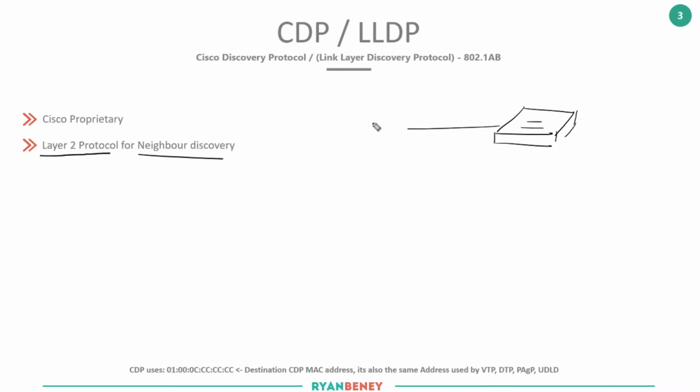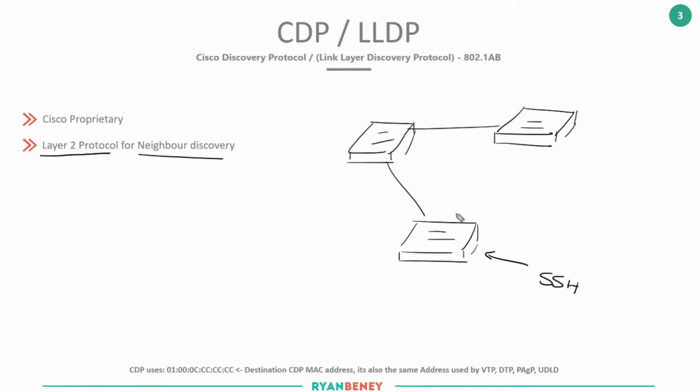So starting with CDP, as I said, it's Cisco proprietary. What does CDP and LLDP actually do? Well, they're a layer 2 network discovery or neighbor discovery protocol, meaning if we go back to our switches, let's say we have a switching deployment and it has a bunch of switches configured throughout, and you want to know, let's say you're on this switch via SSH and CDP is turned on.